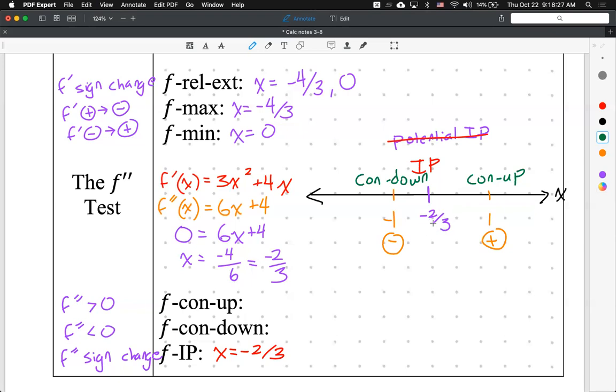How do I say left of negative 2/3? Not -1. -1 was just a test point. Can you say it again, Chris? Can I say less than negative 2/3?